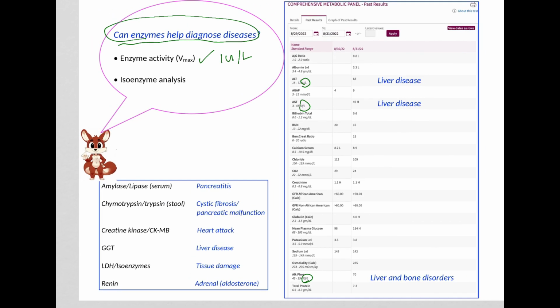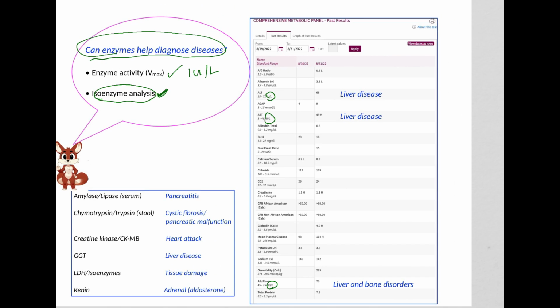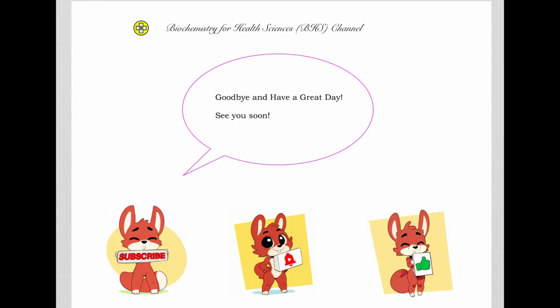And if necessary, if we want to know exactly where the enzyme is coming from, then we can also do an isoenzyme analysis. So yes, enzymes are very useful for the diagnosis as well as the monitoring of diseases.